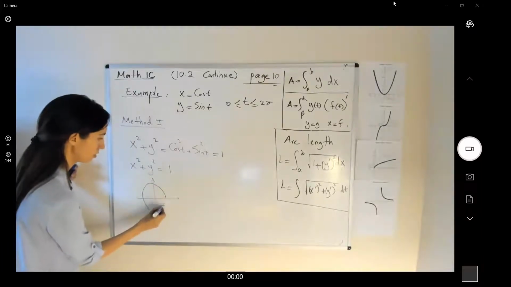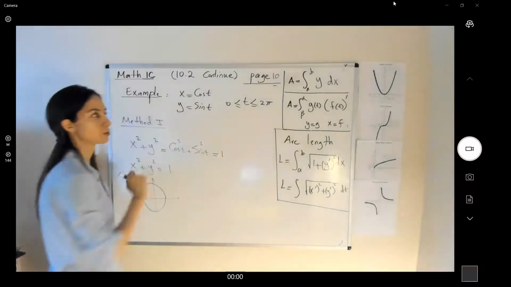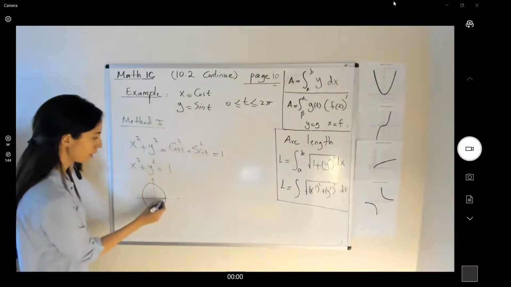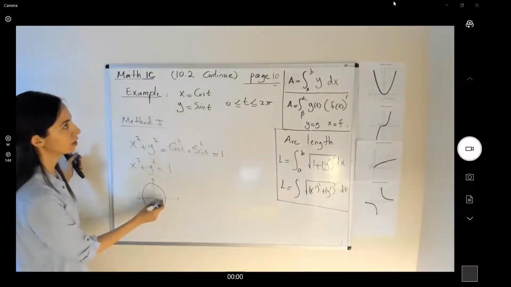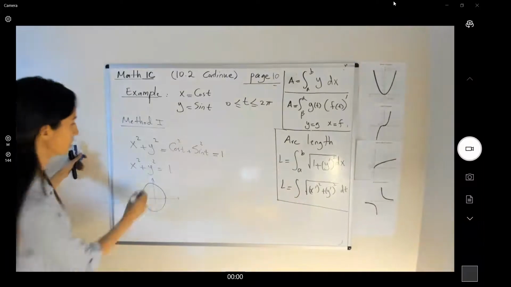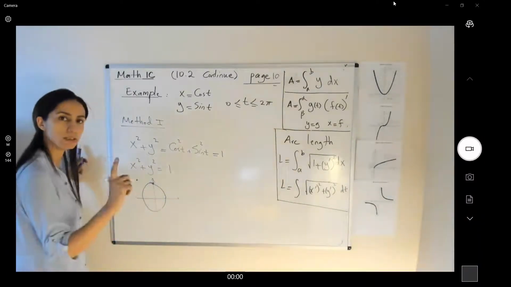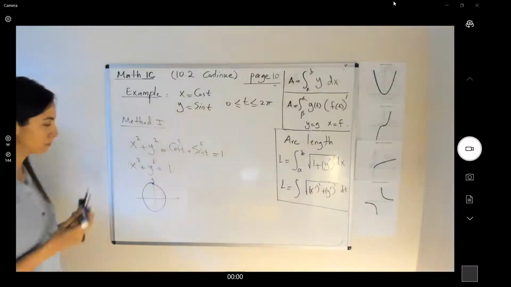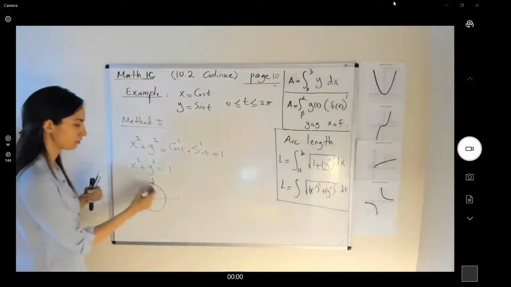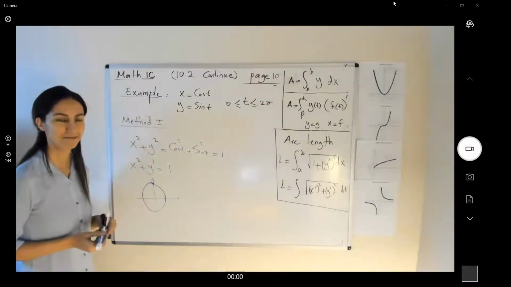So theta is between 0 to 2 pi. I know that, for example, this guy starts at, let me see, 1 and 0. So it starts at this point and it just rotates once and stops here. So what is the length of this curve?